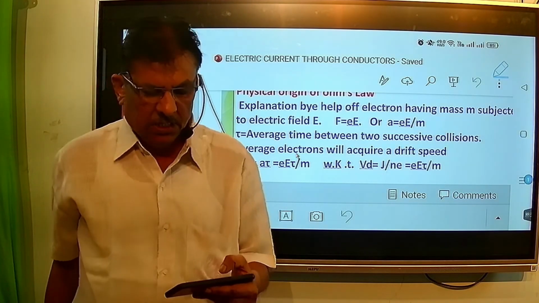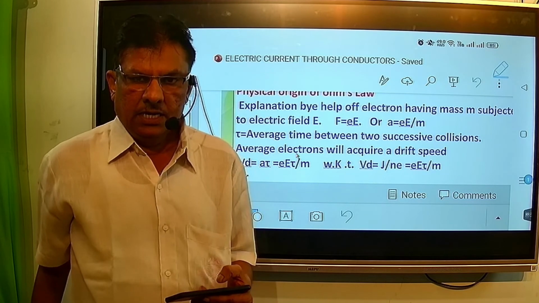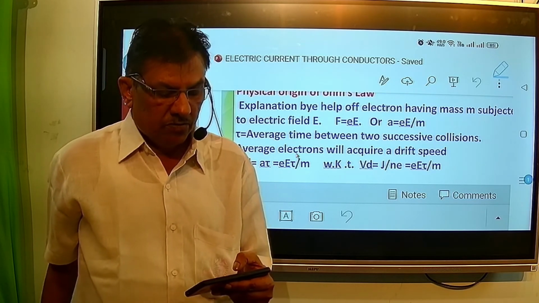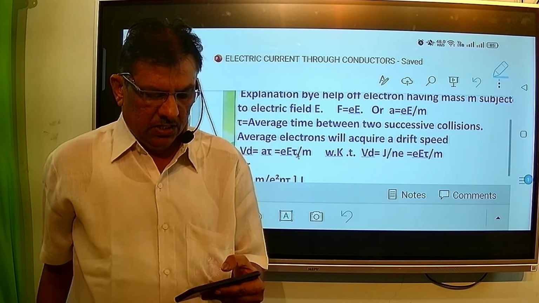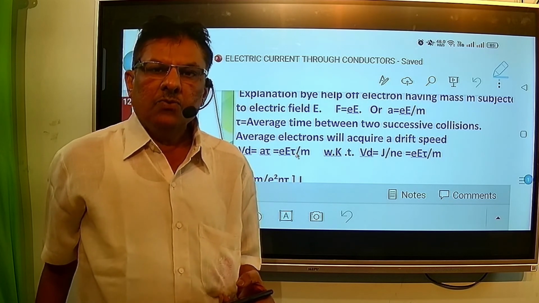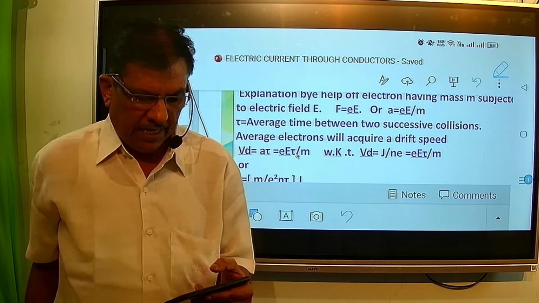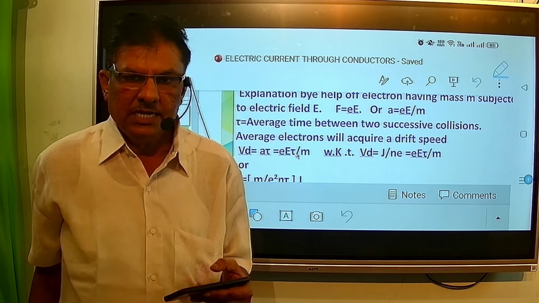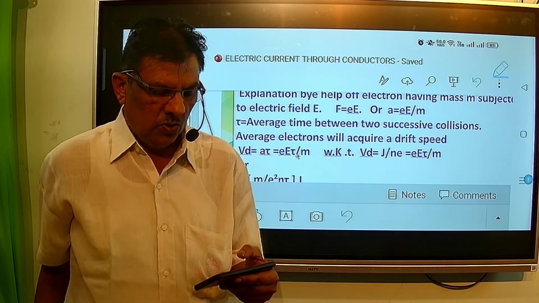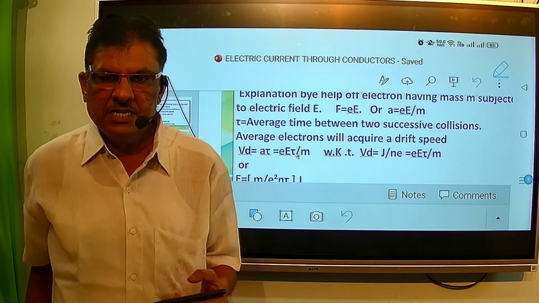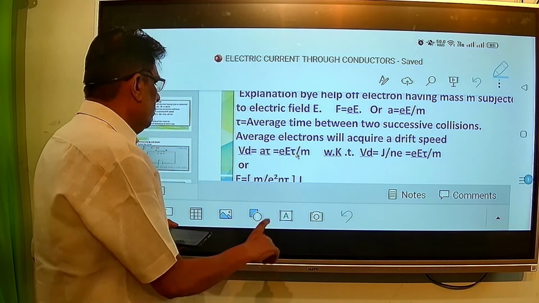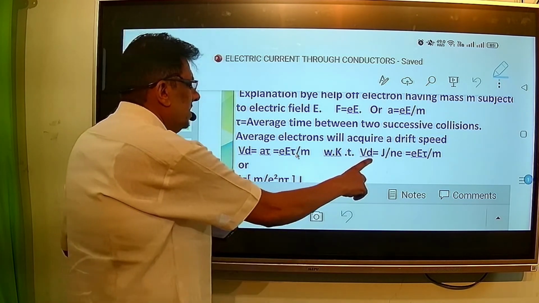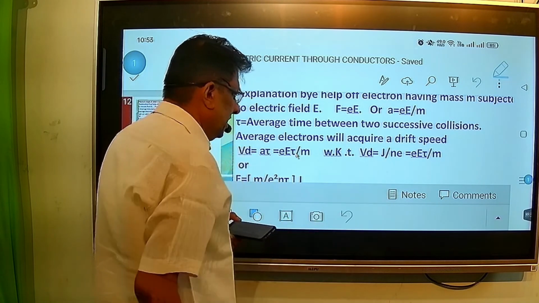Now, if I want to write this equation in terms of current density, what will I get? Vd is equal to J upon Ne. Last time we saw the current density formula, so we directly substitute it and get Vd is equal to J upon Ne.